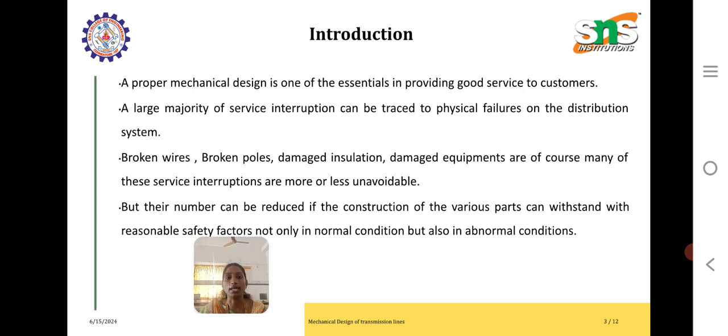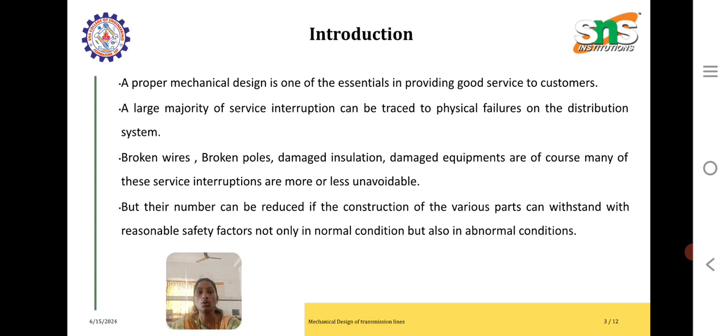Coming to the introduction part, before going into the mechanical design, a proper mechanical design is one of the essentials in providing good service to the customers. Mechanical design is the one which serves good service to the customer. A large majority of service interruptions can be traced to physical failures on the distribution system.